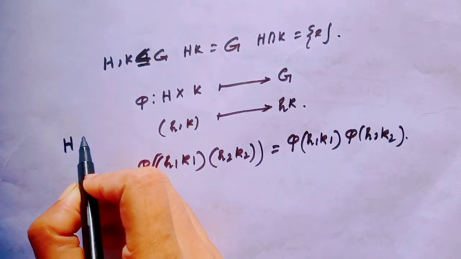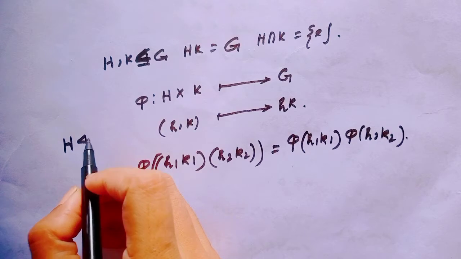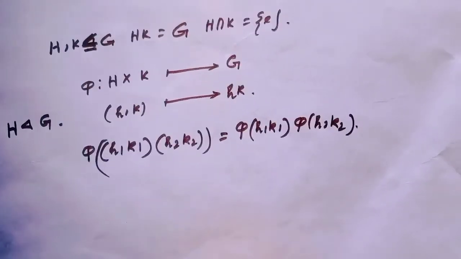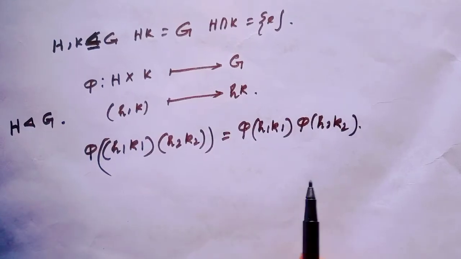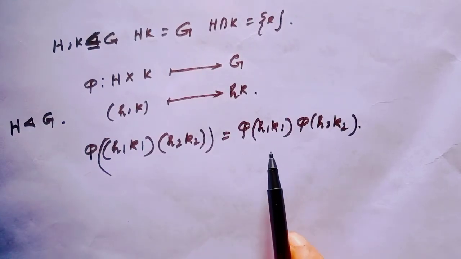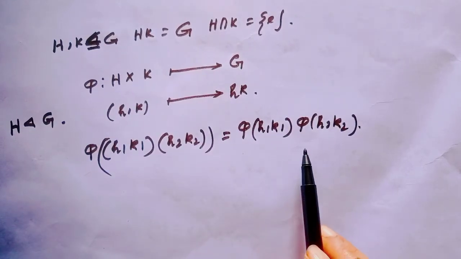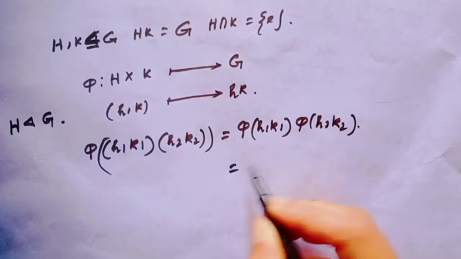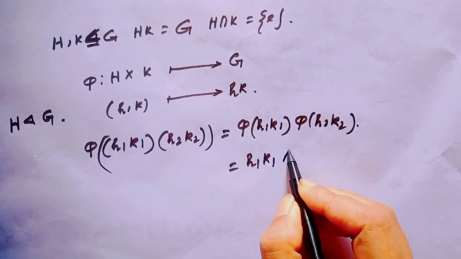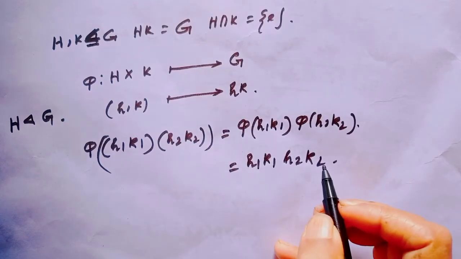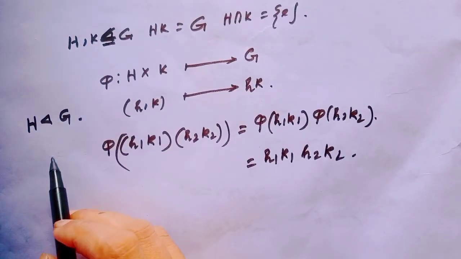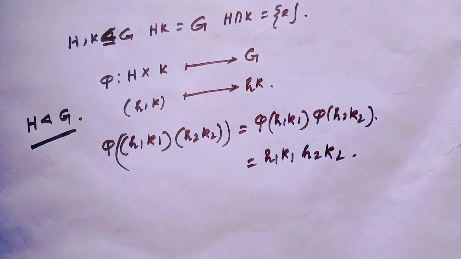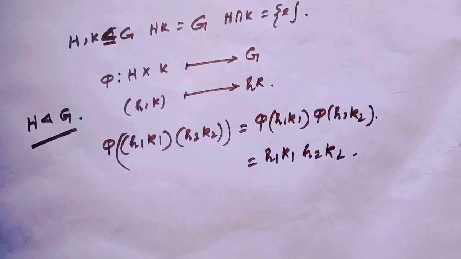Consider here H to be a normal subgroup of G. Okay? Why have I assumed this? Let's see. Because here phi of (h1, k1) times phi of (h2, k2) equals h1 k1 times h2 k2. Okay? And I have assumed H is a normal subgroup of the group G.